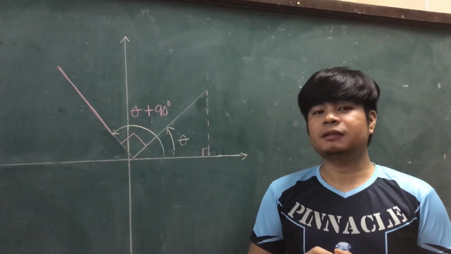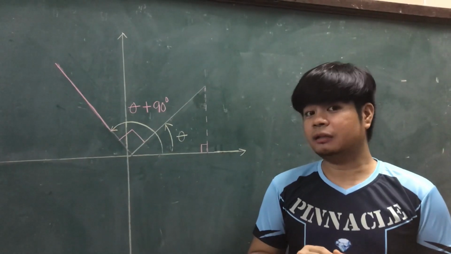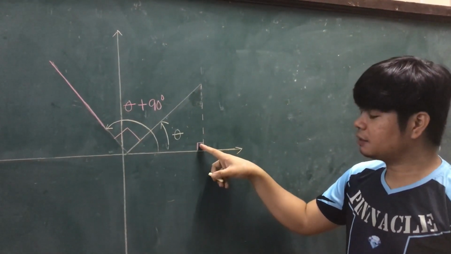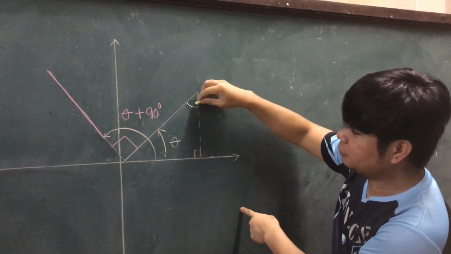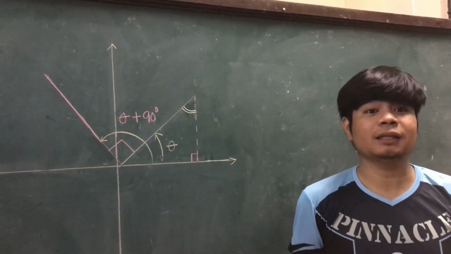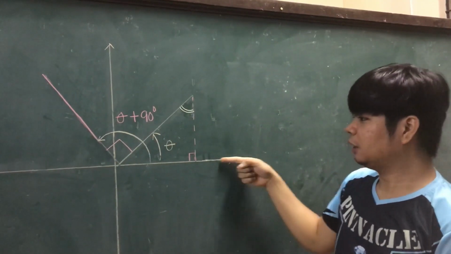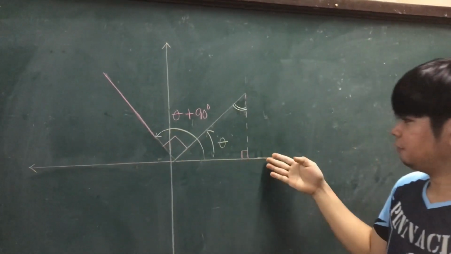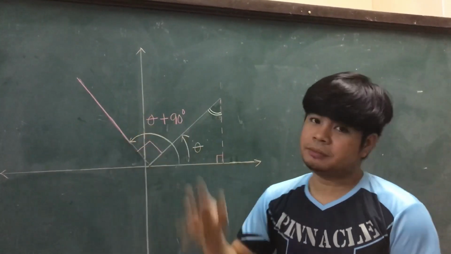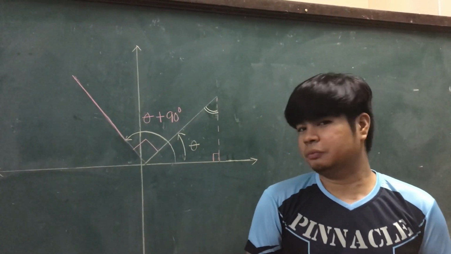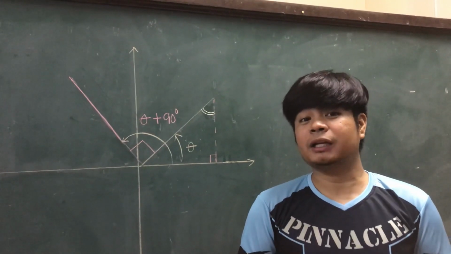Remember that the sum of the interior angles of a triangle is 180 degrees. So if you have 90 degrees here added to theta, then you need to add a particular angle here to form 180 degrees. Now, we know that half of this circle, imagine this one as a circle, the radian measure in the unit circle is pi, and that is 180 degrees.